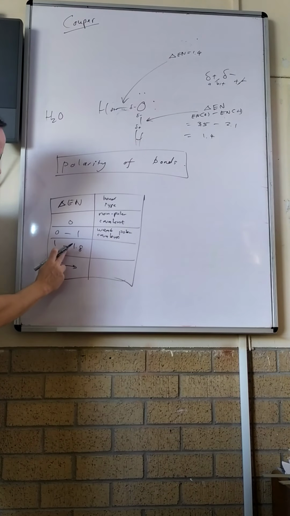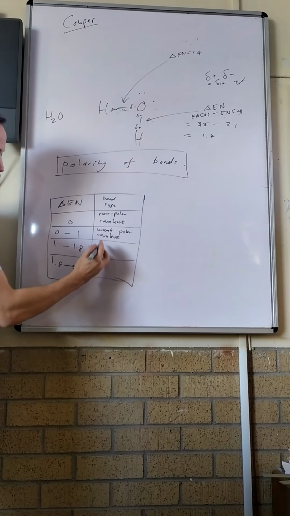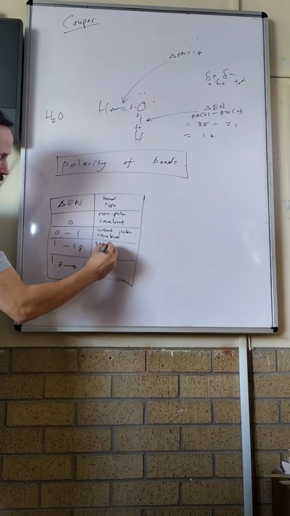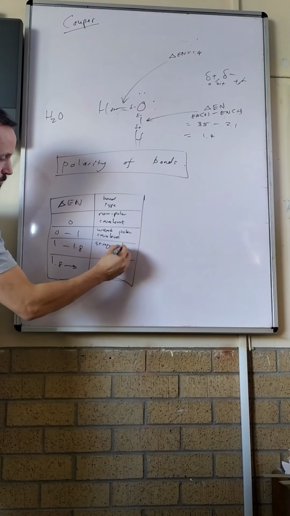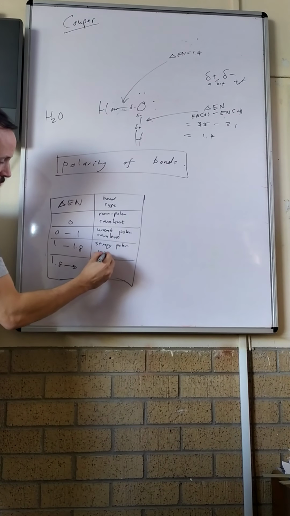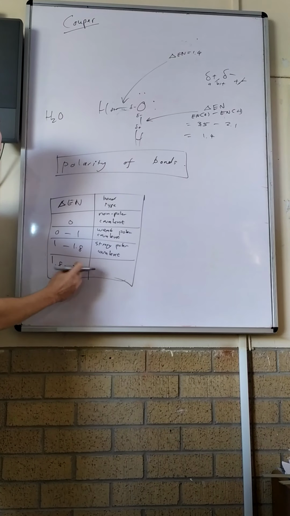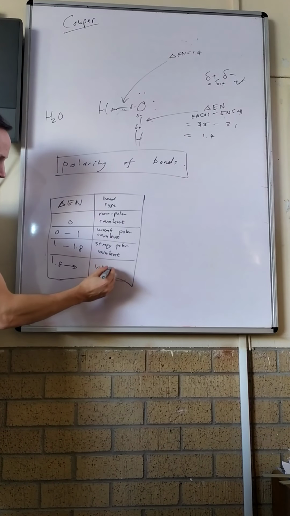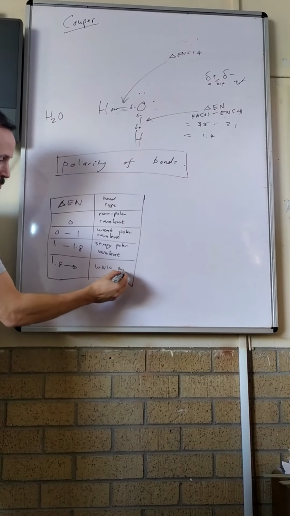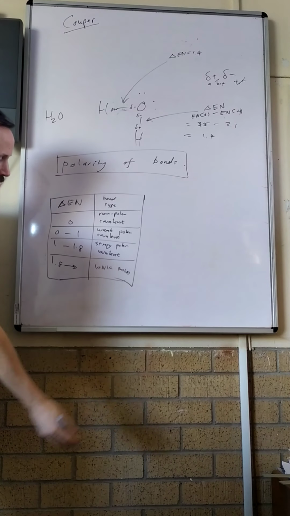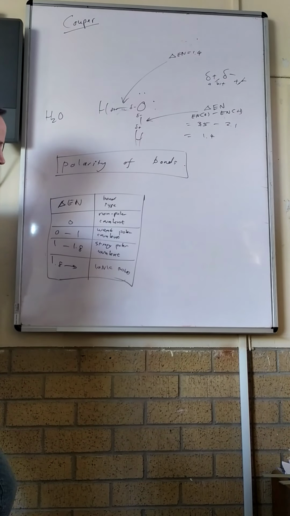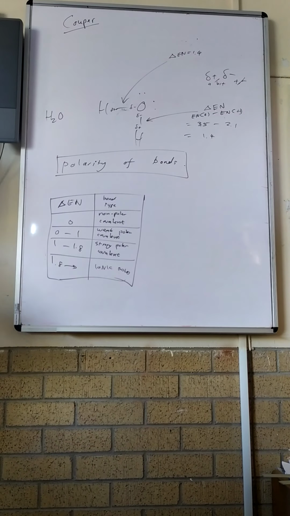Okay, and here, this one is strong polar covalent. Easy. And then this one, ionic. Super strong. Now that's all you need to know about polarity.